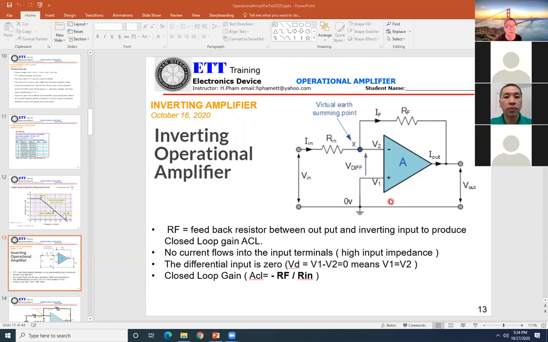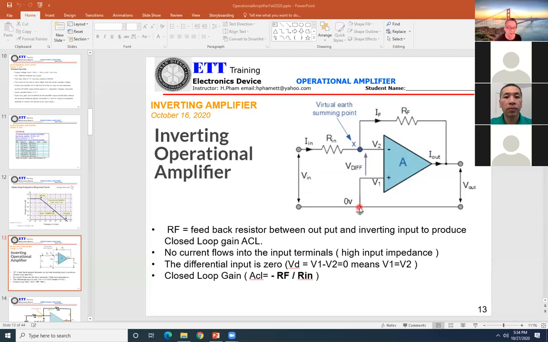That only tells you V1 and V2 will be the same. In this case, V1 is connected to ground, 0 volt. So V2 at that point will also be 0 volt. However, they get a special name, a virtual ground.